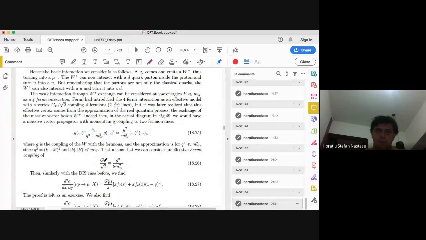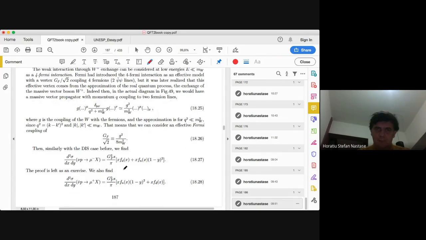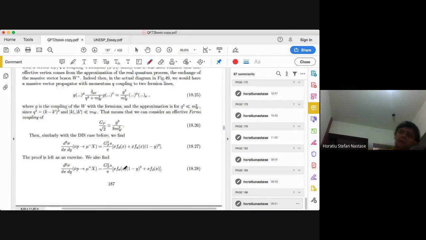But if you compare the amplitudes, so this G Fermi over square root 2 is equal to G squared over 8 MW squared.